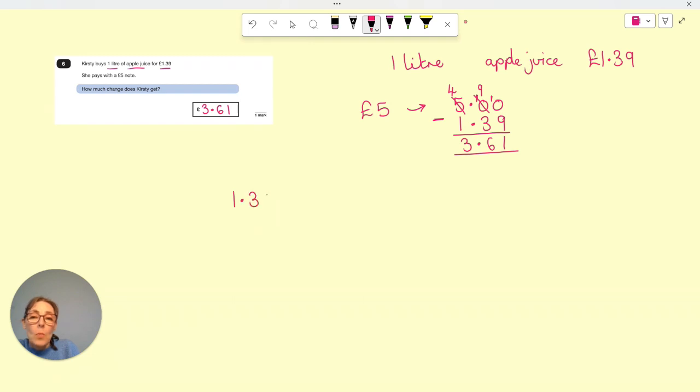The other way of looking at it is you could count on. So you could start with £1.39 and you could count up to £5. Let me just change colours so it's a bit clearer. So what I would probably do is put £2 here. And then I'd do a jump plus £3 here. £2, add £3 is £5.